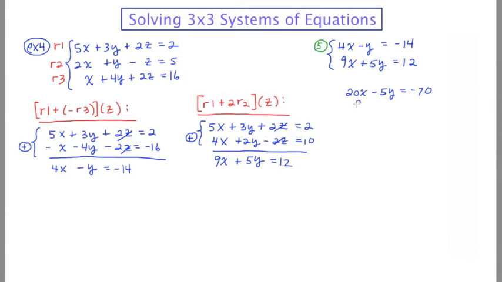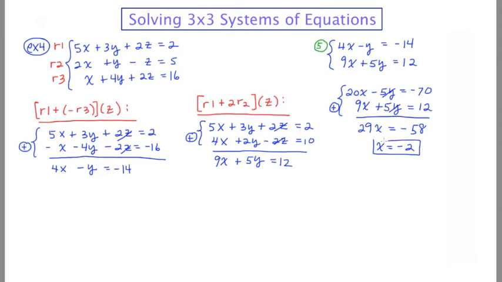The bottom row I'm going to leave unchanged. 9x plus 5y is equal to 12. And now when I add, the y's are going to be eliminated. So the y's cancel, and I'm left with 29x is equal to negative 58. Dividing both sides by 29, I get x equals negative 2.